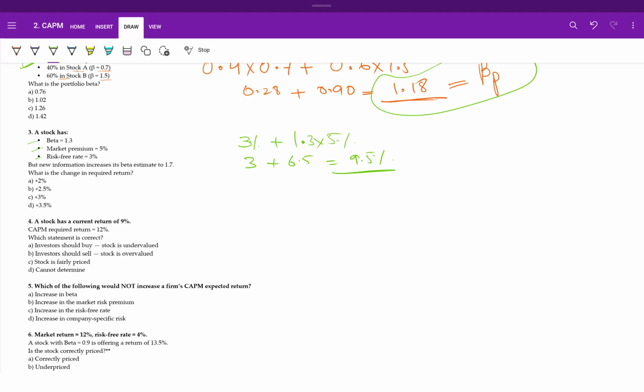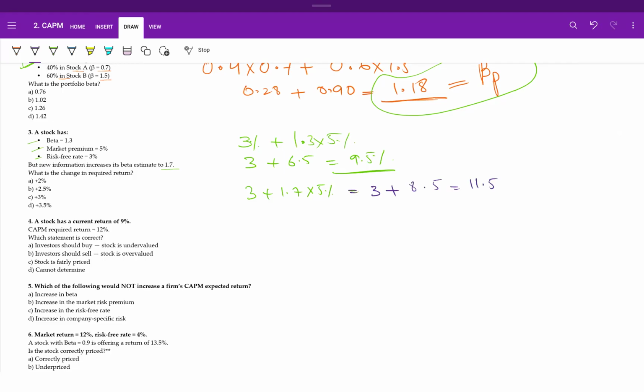But the new information says to increase the beta estimate to 1.7. What are the changes that are required? So 3 plus 1.7 times 5%. This gives us 11.5%.